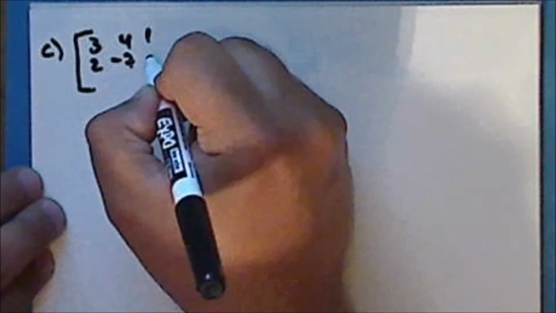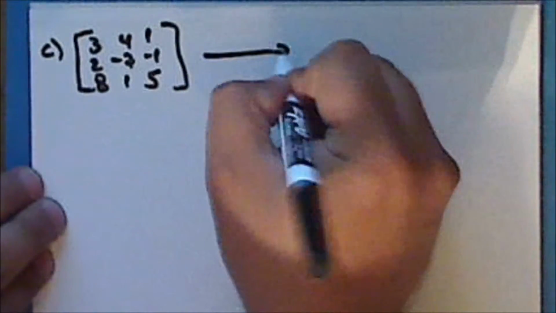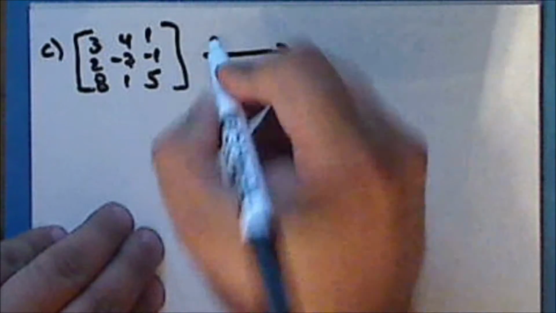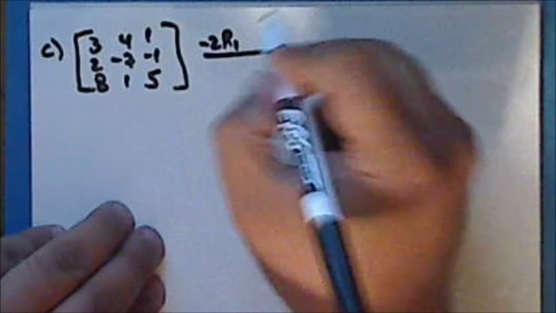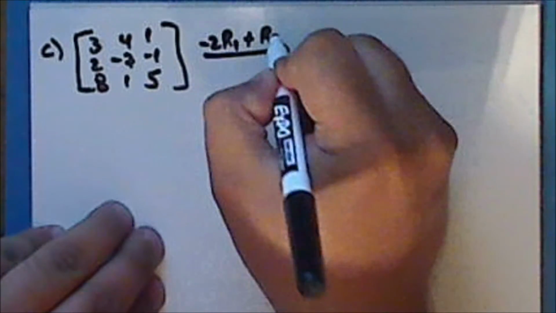So again, we start with the matrix 3, 4, 1, 2, -7, -1, 8, 1, 5. And we will perform the elementary row operation of adding -2 times row 1 to row 3.